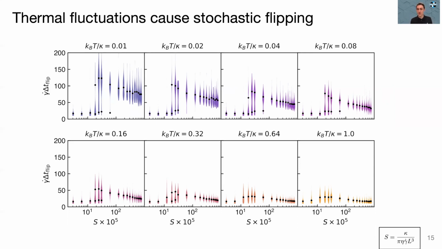We can see that in general, the time between flips decreases as temperature increases and sheets fluctuate more and more wildly, which makes sense. We can also see that the transition to chaotic behavior, which I mentioned before for the athermal sheet system, is apparent here. As S decreases and the sheets become softer, they crumple and tumble very rapidly. And this is represented by the small flipping times at the left of each of these plots.